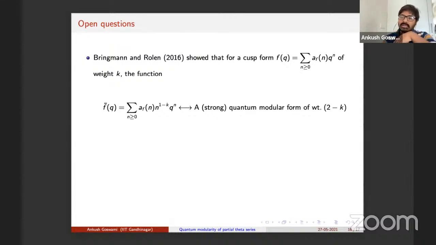Yeah. Do you at least expect this phenomenon to be very ubiquitous or not? At least for the function F sub t of q that I showed, the Kontsevich-Zagier strange series, this is coming from the non-cyclotomic expansion of the colored Jones polynomial, as I told you.